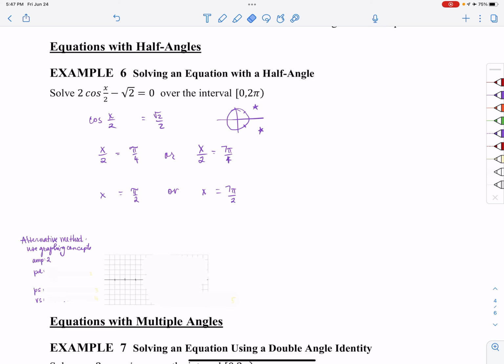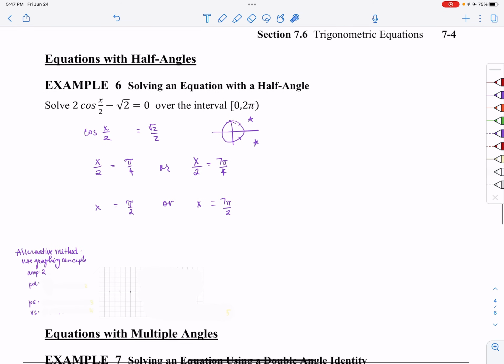My period, now this one's a little bit tricky, would be 2 pi over 1/2 because my b value is 1/2. When I simplify that, that's 4 pi. I don't have any kind of phase shift, and my vertical shift is to go down square root of 2. I went ahead and graphed this.